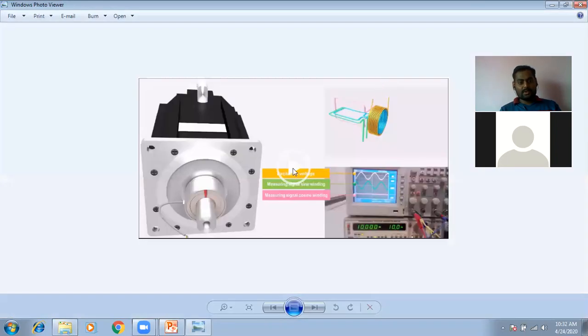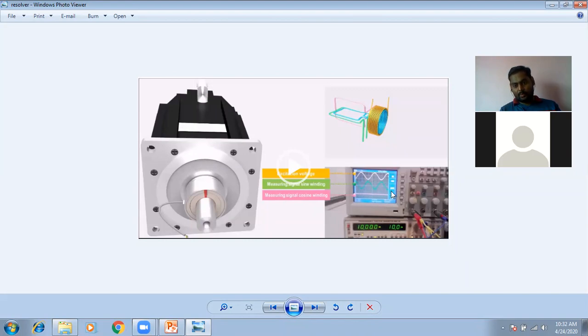Here, this is called a resolver. This is the rotor, and the outer part is the stator. Both the rotor and the stator windings are at right angles to one another, inside. So you can see here, if this is a sine wave, exactly the output is what? A cosine.